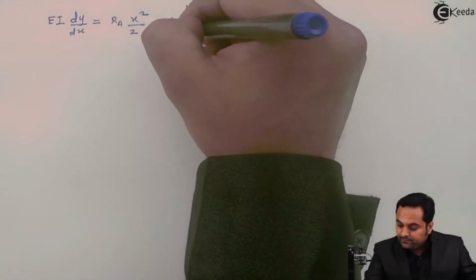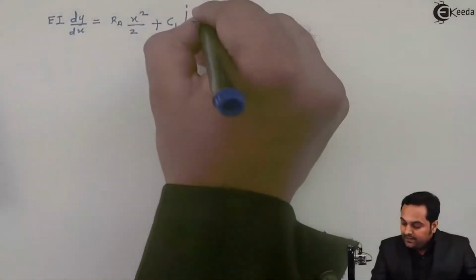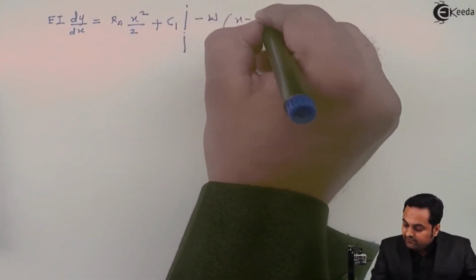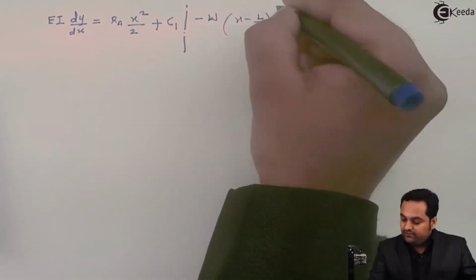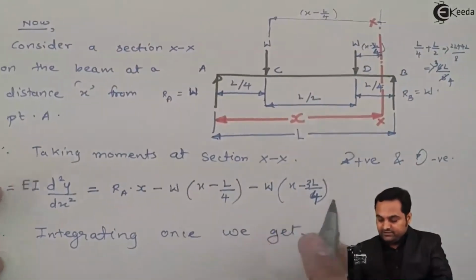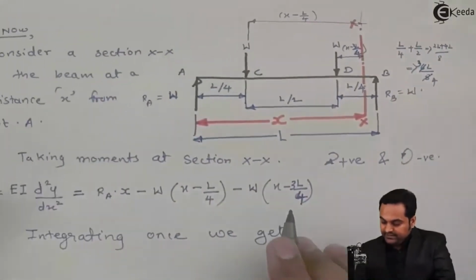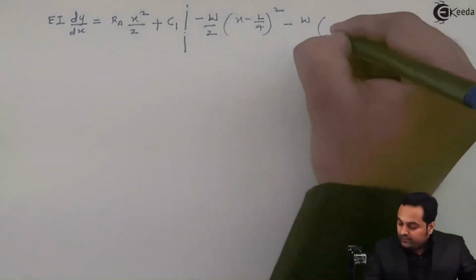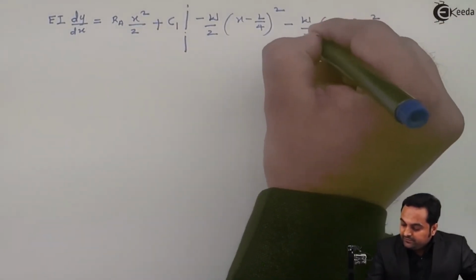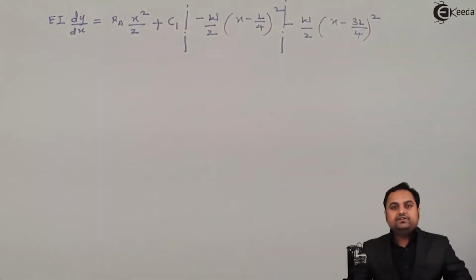So plus C1, this is the first term, then minus W into x minus L by 4, so that will become x minus L by 4 square divided by 2, and for the next term, minus W into x minus 3L by 4, so x minus 3L by 4 square divided by 2. So this is the result of the first integration.